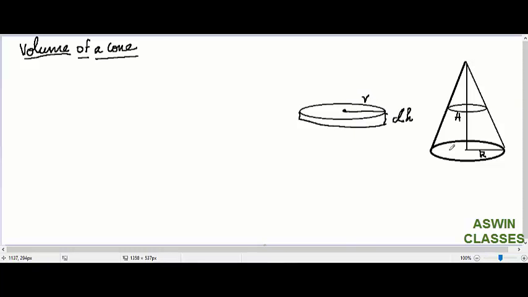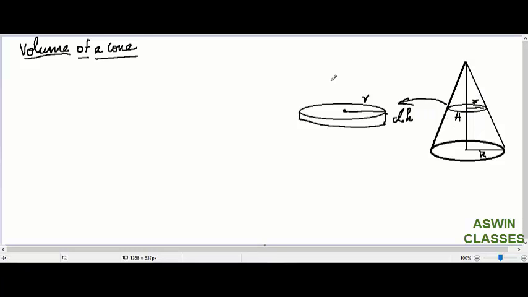See, these two radii are different. On expanding this section, you will get a disc of radius r and thickness dh.